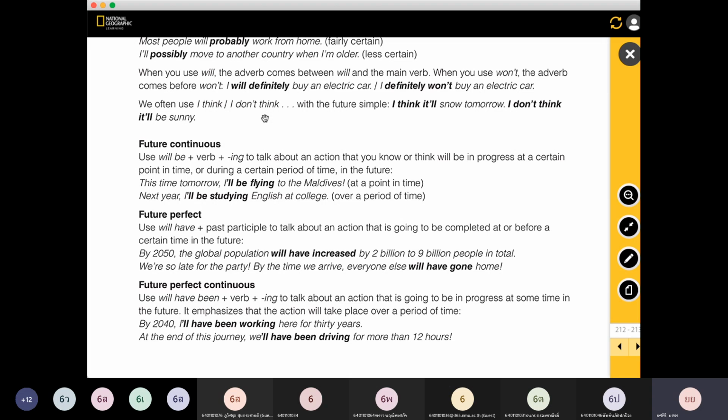As you remember, the present perfect is used for what happened in the past and is fulfilled in the present. But when we talk about the future perfect, it's about things that will be fulfilled in the future. Let me give you some ideas.